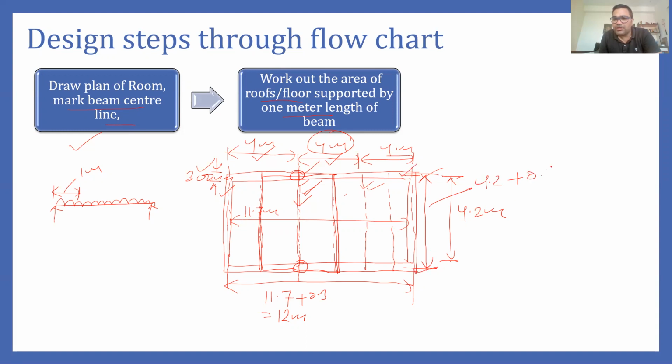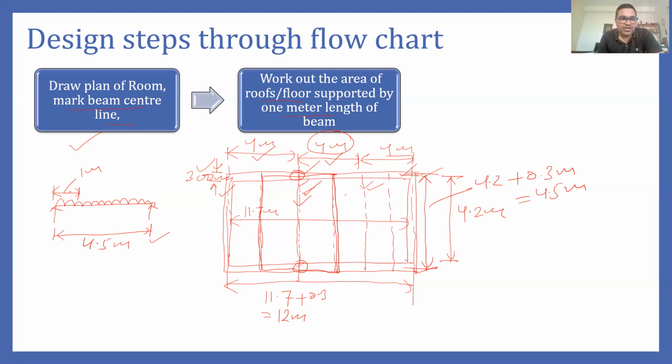So it becomes 0.3 meter. That means the effective span, or the length of beam here, becomes 4.5 meters. So this is how we can generalize this beam.